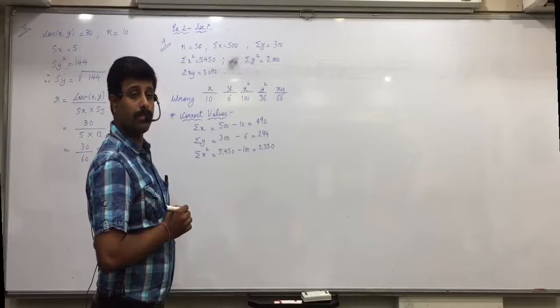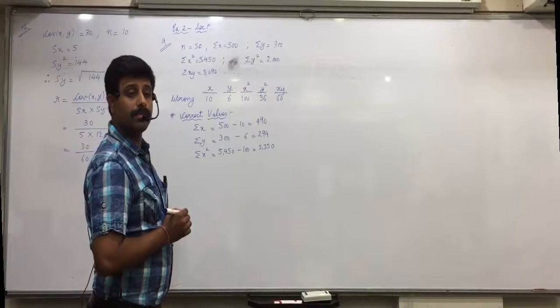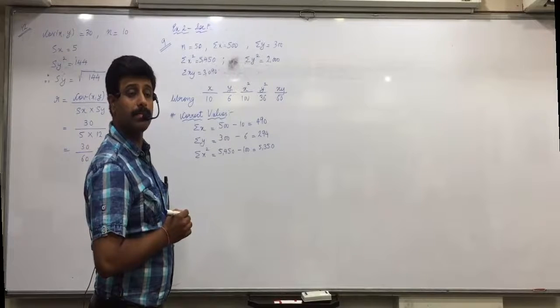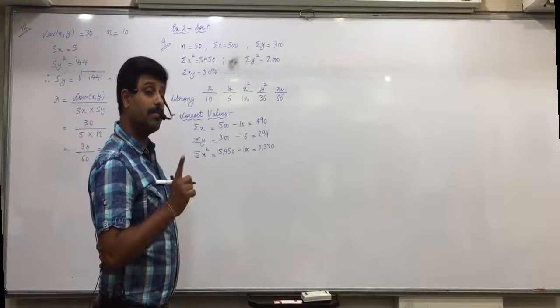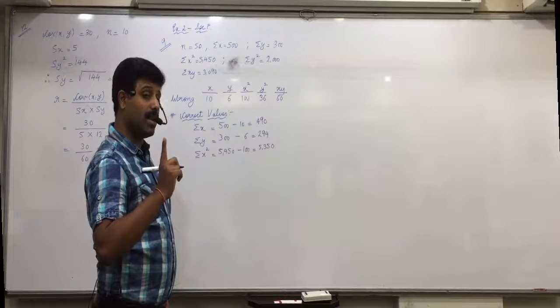Aryan, sigma y square. 2000 minus 36. Mithul, please don't prompt in between. When I'm asking him, I want the answer from him only.